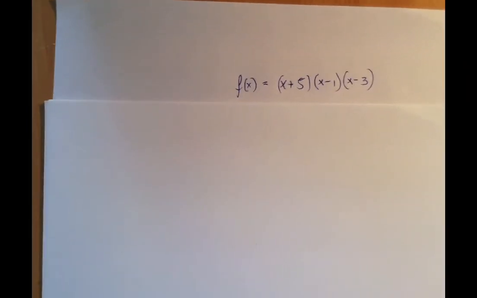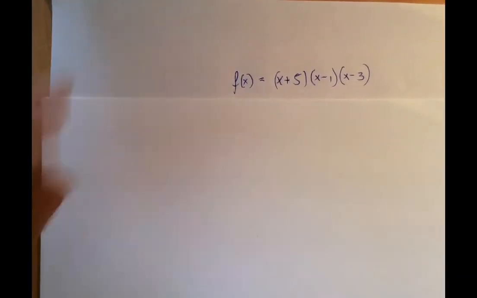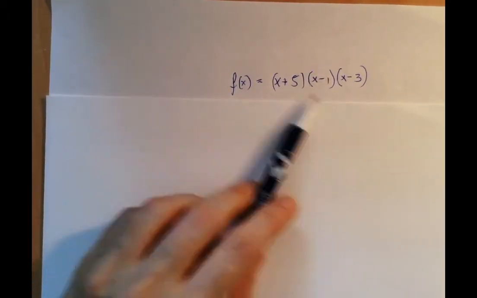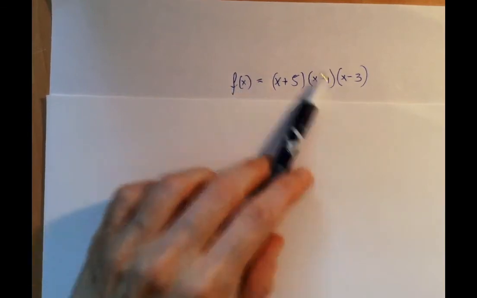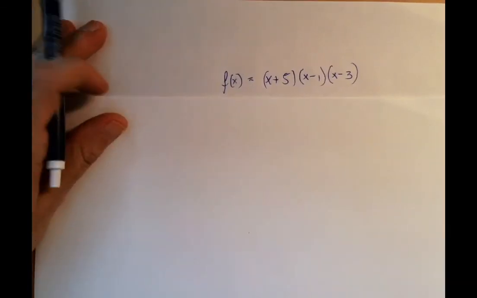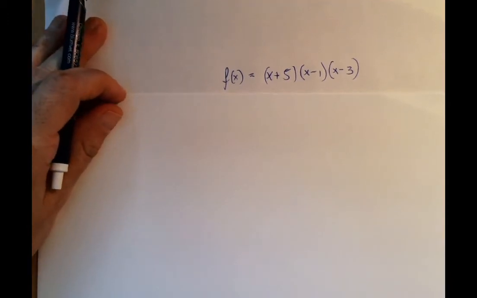Okay, so we're going to start graphing this function. By the way, this is a degree 3 function, right? If we multiply this out, we're going to get a quadratic, and then when we hit it with x, we're going to have a degree 3 piece. So this is a cubic, or degree 3, function.